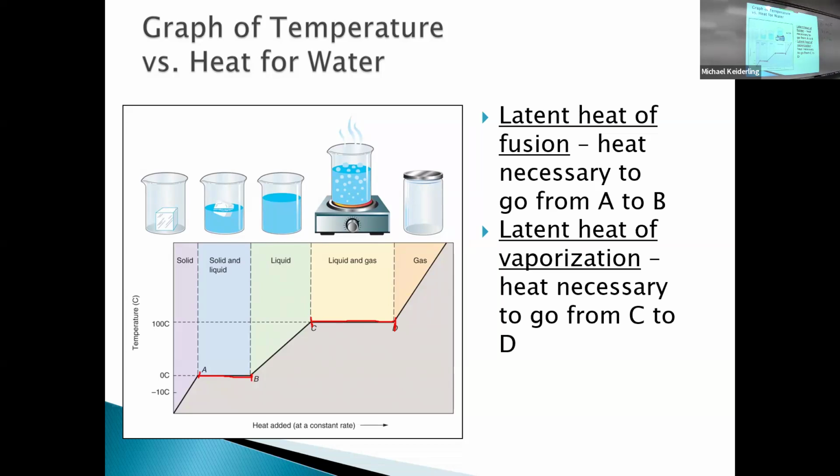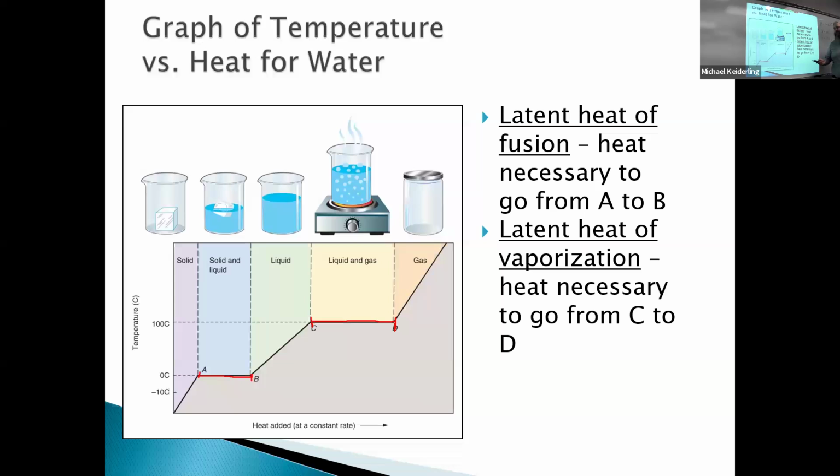As you add more heat, you'll just steadily go from more solid to more liquid. Then you'll warm up from B to C to get from 0 degrees Celsius to the boiling point. It'll be all liquid. And then from C to D here, this is the latent heat of vaporization.